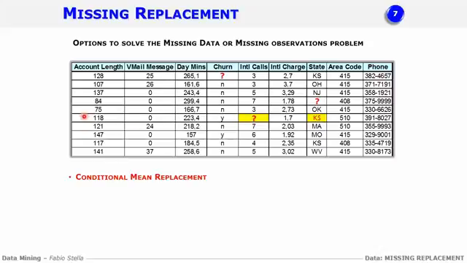For the records characterized by the missing value of the considered attribute int calls, we check which is the value associated with the state attribute. In our case, this value is KS.